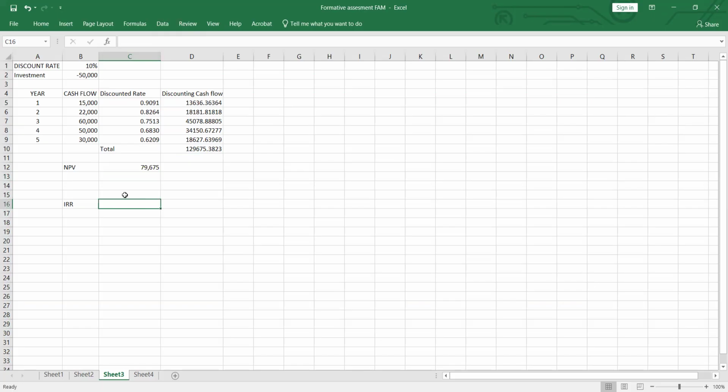And now we calculate the IRR. IRR is the internal rate of return. So we calculate IRR. IRR is a value. We can take any value. So I put this value, which is discounted cash flow. One second, hold your horses first.